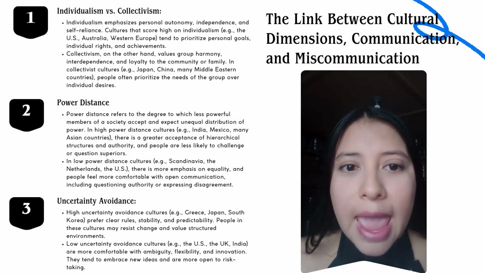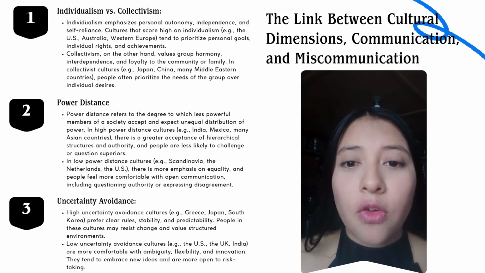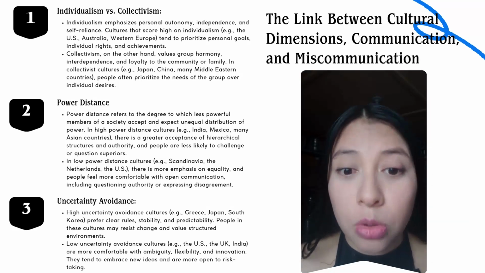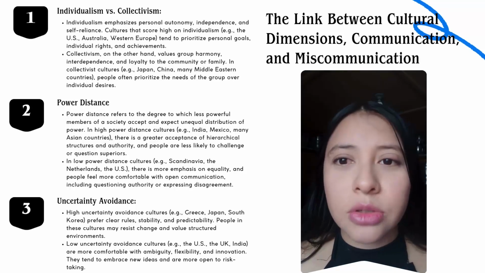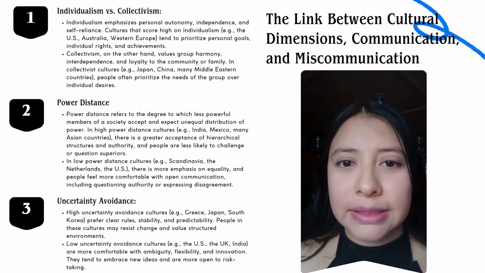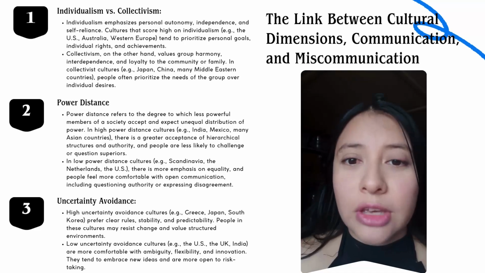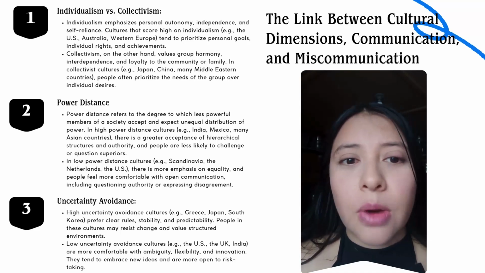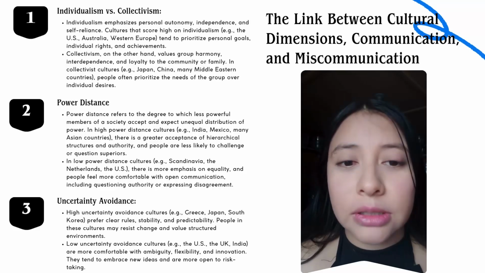For students entering global environments, understanding these dimensions is essential for fostering positive and respectful communication. Individualistic cultures prioritize personal autonomy and goals, while collectivist cultures emphasize group harmony and interdependence.